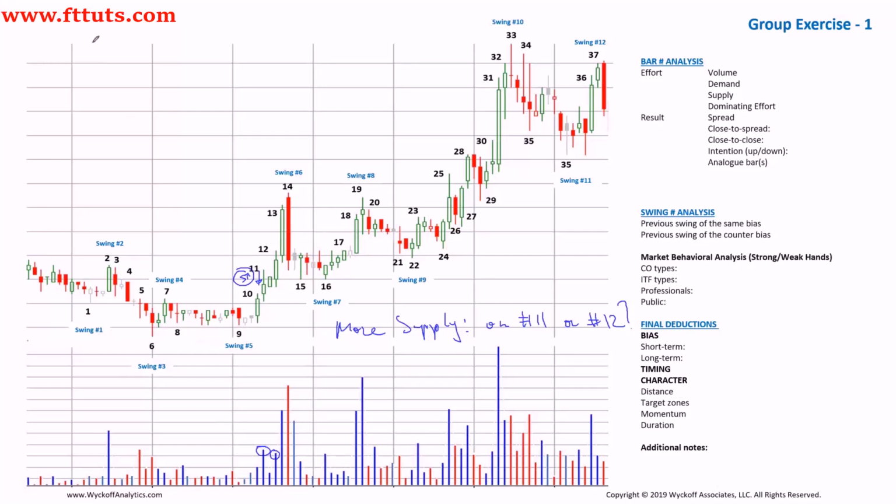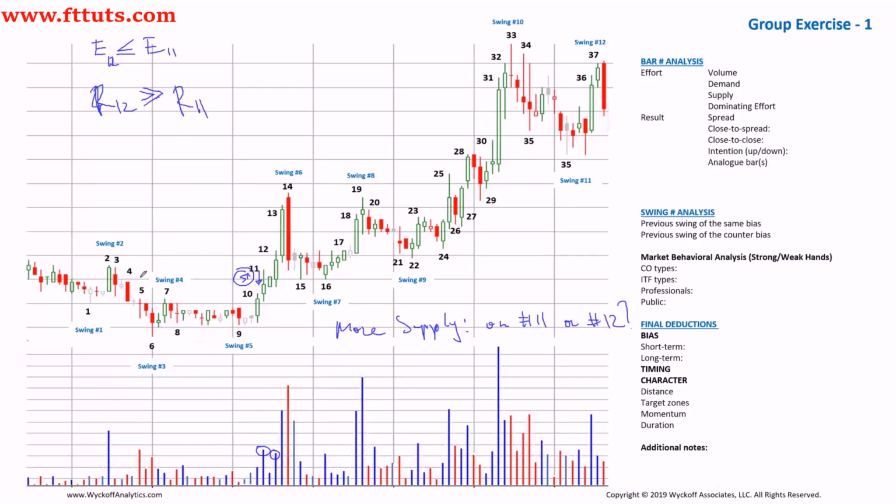So think about this. Effort is either equal or slightly less on 11, but yet the result on 12 is slightly more or equal to, well, actually better, definitely better than the result on 11.